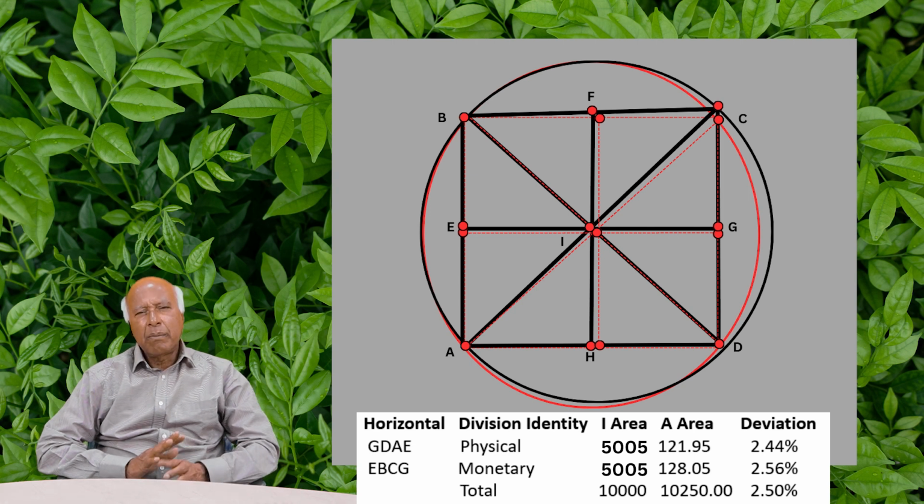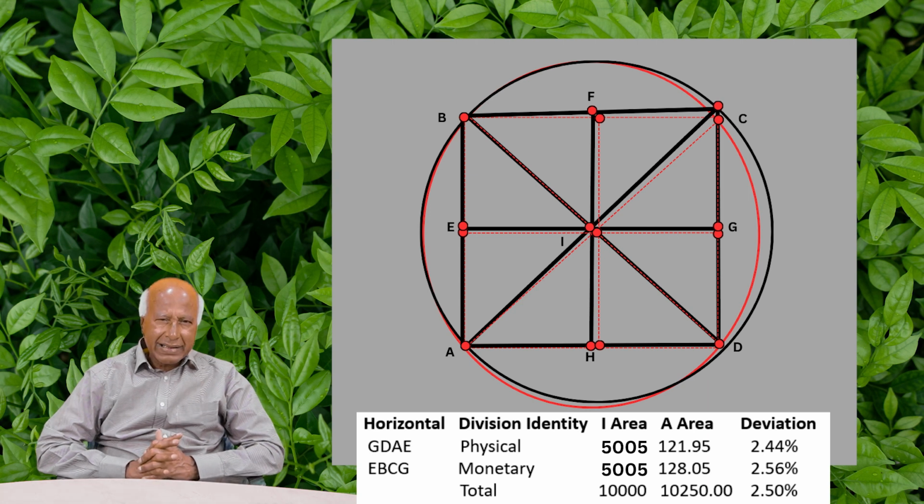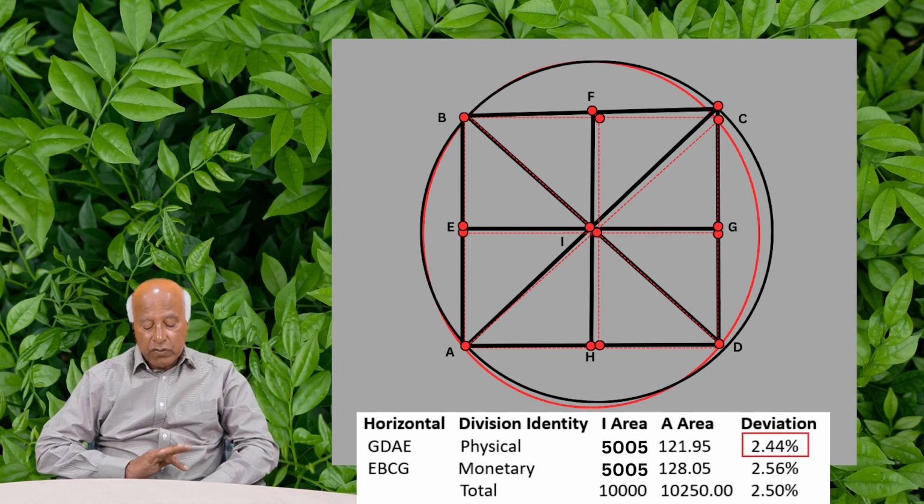But if we combine them, because both the values are on the plus side, 2.44 is on the plus side and 2.56 is also on the plus side. If we add these two, once again we will find that the net value is 2.5% only.